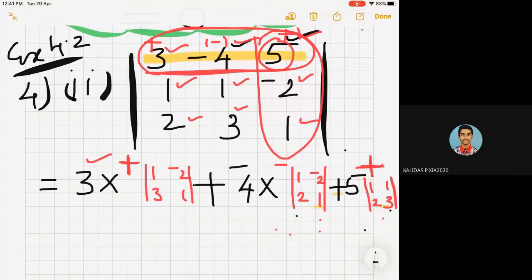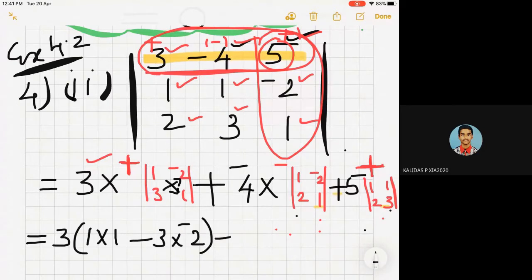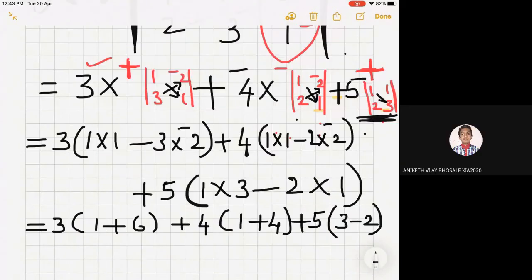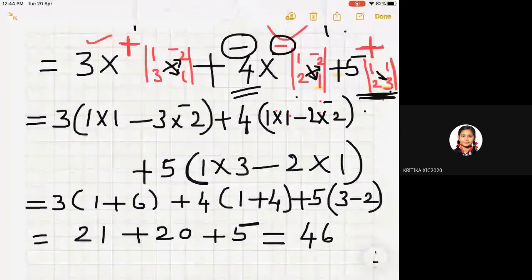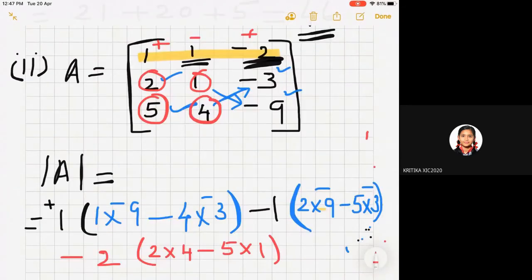Next, you have to evaluate the value. 3 into, you know how to find the value of a determinant of a matrix of order 2. It is 1 into 1 minus 3 into minus 2, plus, next is, find the answer.